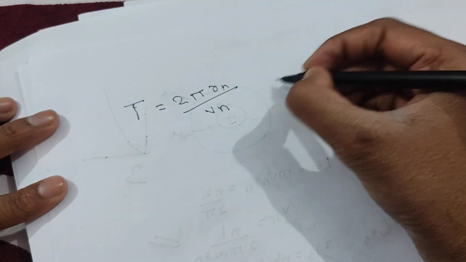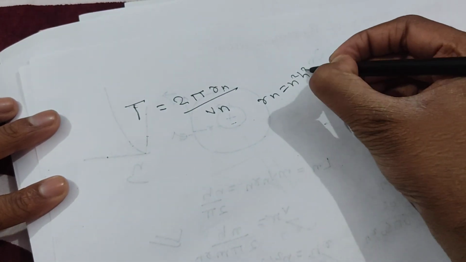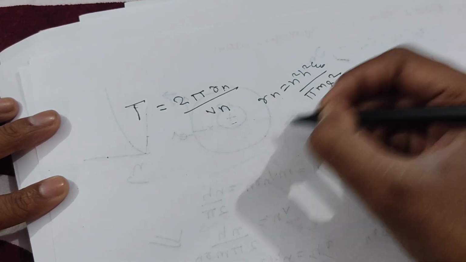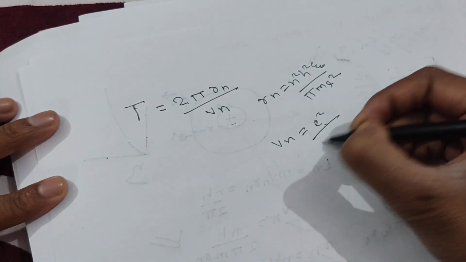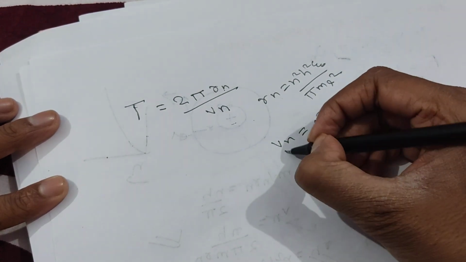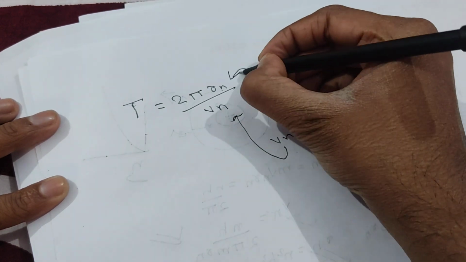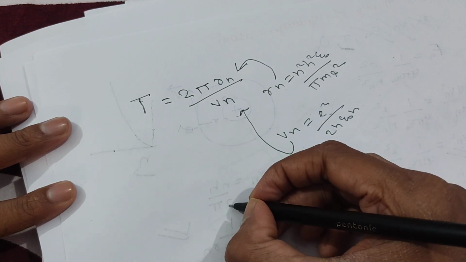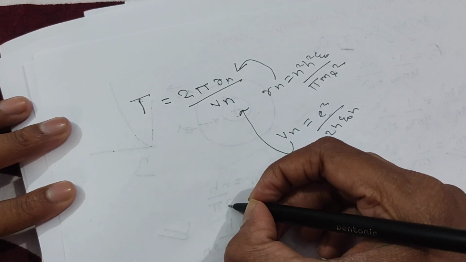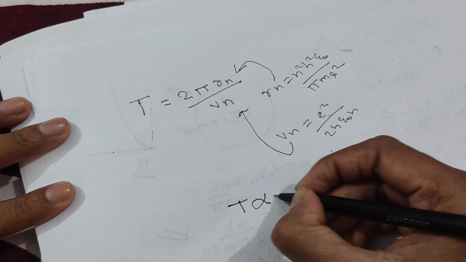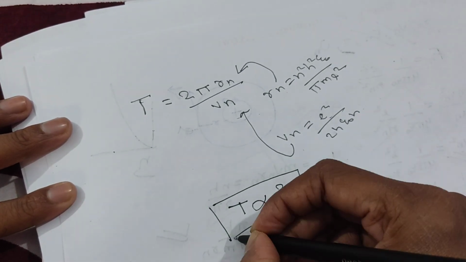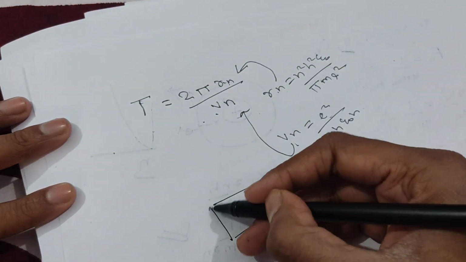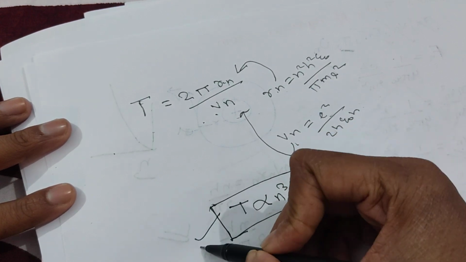And we know that R_n is equal to n squared h squared epsilon naught by pi m e squared, and V_n is equal to e squared by 2 h epsilon naught n. Putting this here and here, we will have our time period, which is proportional to this. If you want to find T, then put the values here and you will get T. But we'll now only use this proportionality.